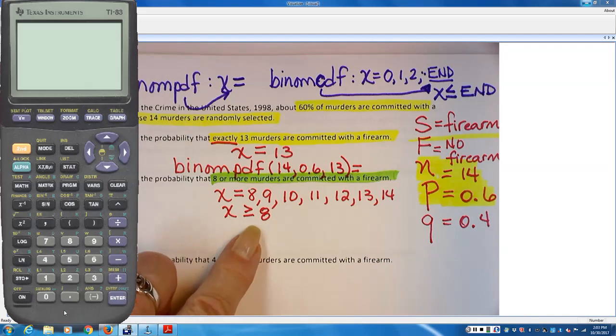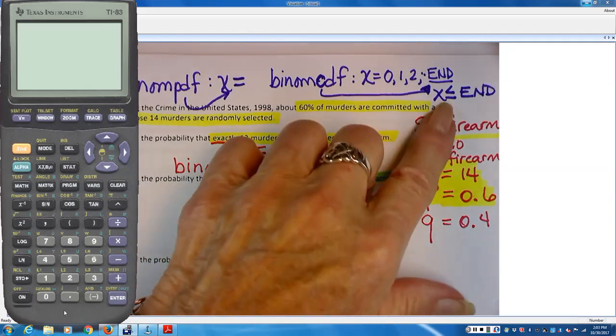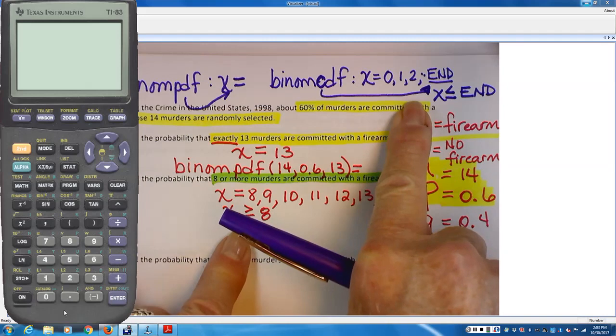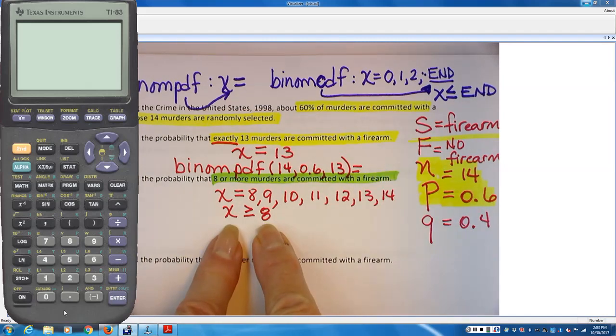Is that what this is? This says equal to or less than the end. This says equal to or greater than. Is that what this is? What is it? What we call the complement. Okay, this is the complement.